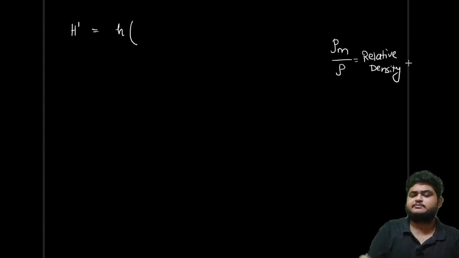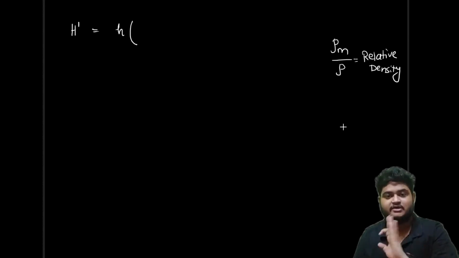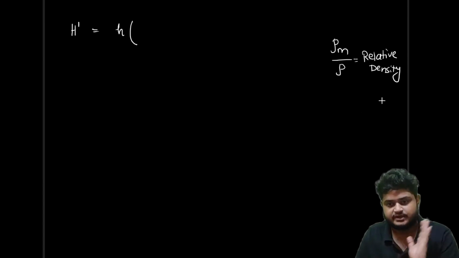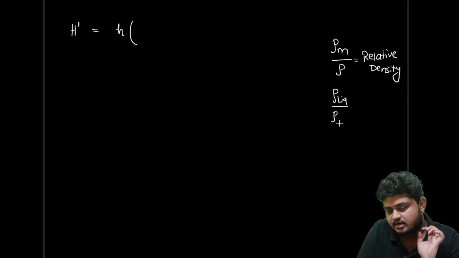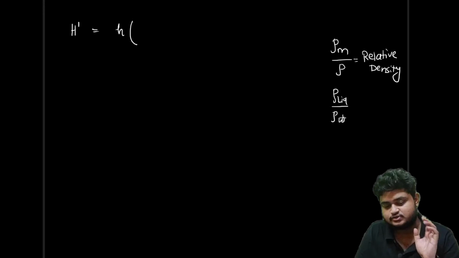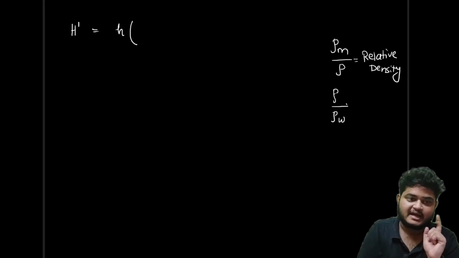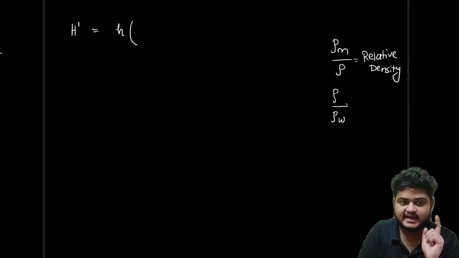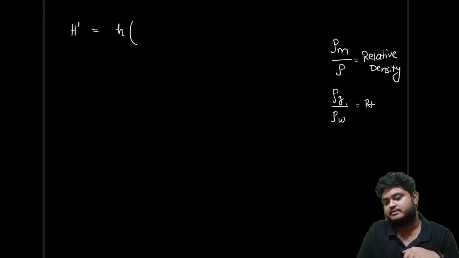Obviously, because what is relative density? Relative density is the ratio between any two densities of fluid, but the specific gravity is rho of liquid to rho of standard liquid, that is water. But if I use this for gas, rho of any gas upon rho of water, it will be called relative density.